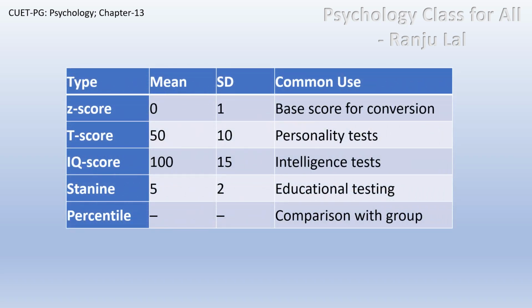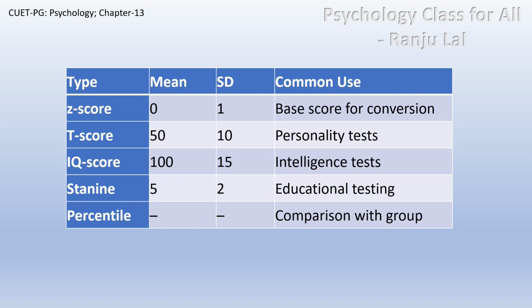Now to summarize this, we can arrange all the information in this type of tabular format where the first column talks about the type of the standard scores and the last column talks about the common use of these standard scores. So Z score is the base score of conversion.